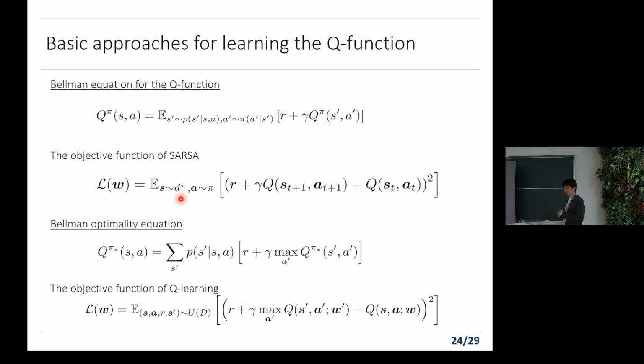One is SARSA, an on-policy method for learning the Q function associated with a specific policy, where the Q function is trained in an on-policy manner. The other popular method is Q-learning, where the data is collected in an off-policy manner. We perform the maximization over actions and apply the Bellman optimality operator to the Q function to obtain a Q function.